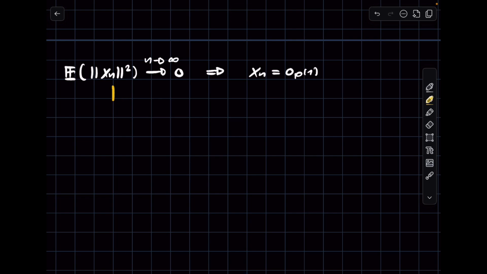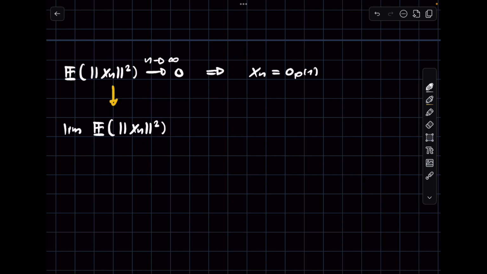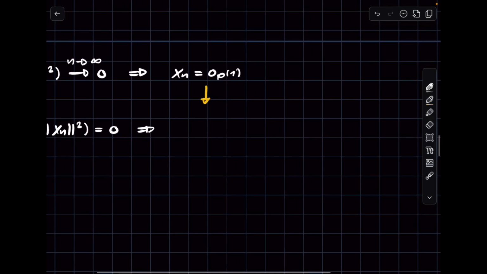This is just another way of writing that the limit of this little guy as n approaches infinity is equal to 0. That's it. And what we want to prove is that the limit of the probability of |X_n| being greater than epsilon equals 0 as n approaches infinity.